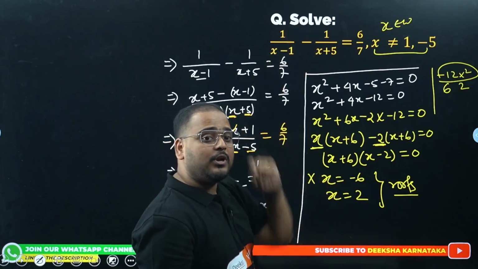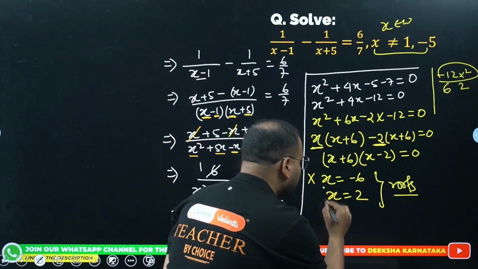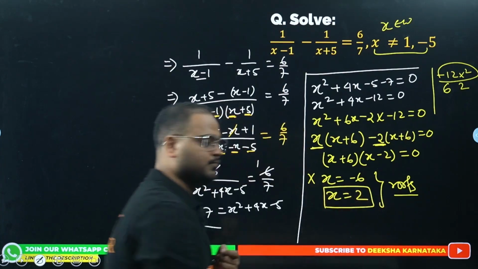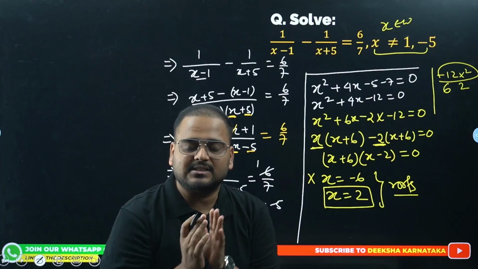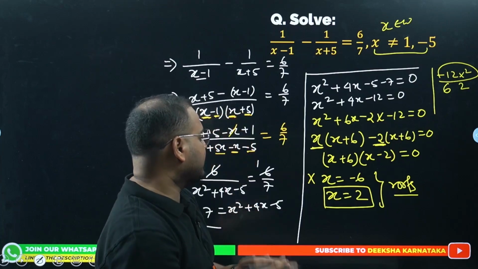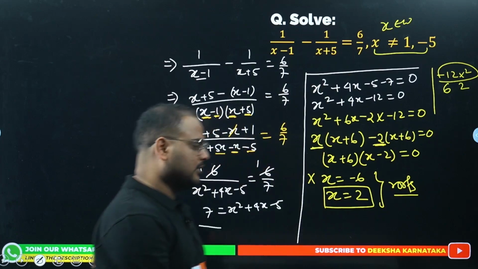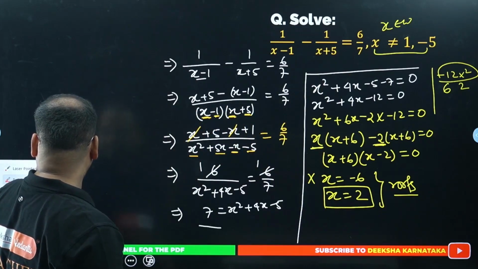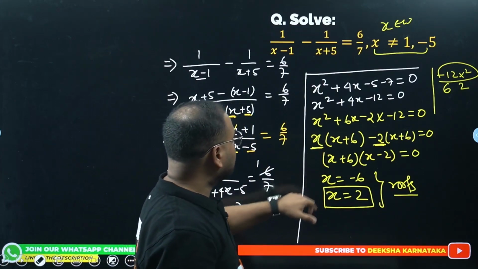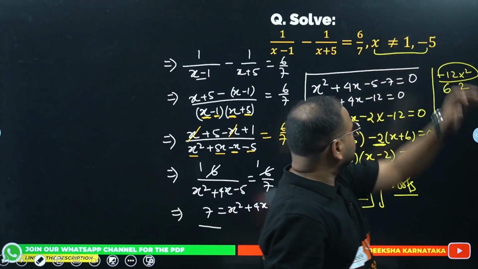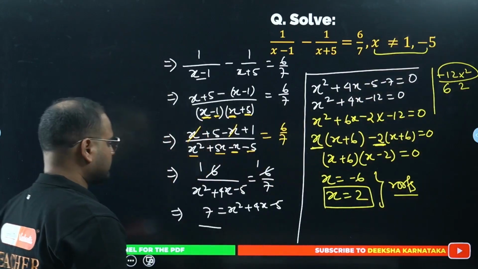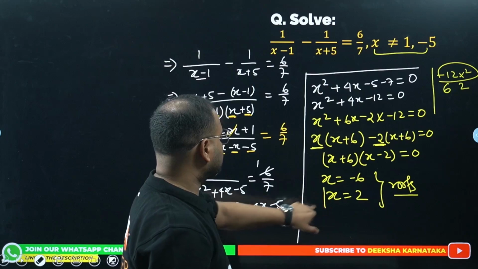If x is only a whole number, then the answer is only x equals 2. Not in this case, but I'm just giving you an understanding here that after getting your result, check or read the question once again. So let's just erase the unnecessary part. This is not there. Okay, great. So both of these are roots.